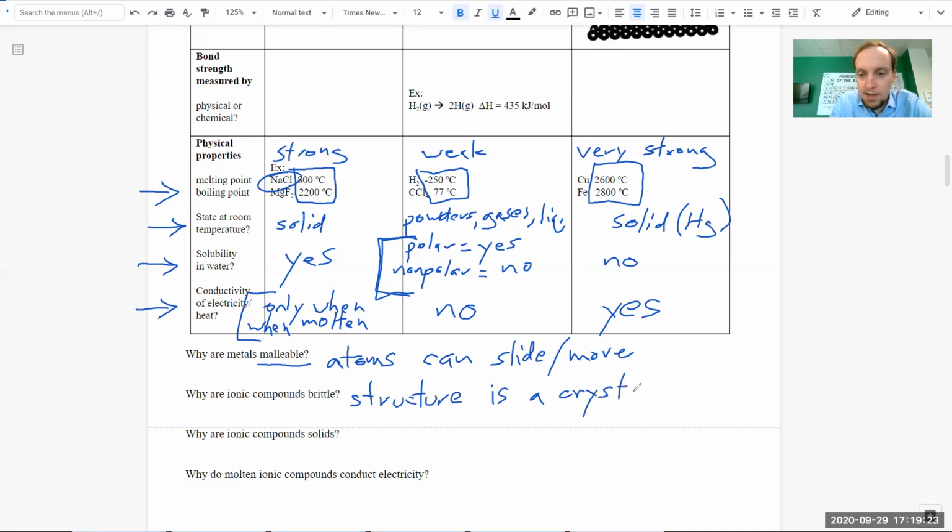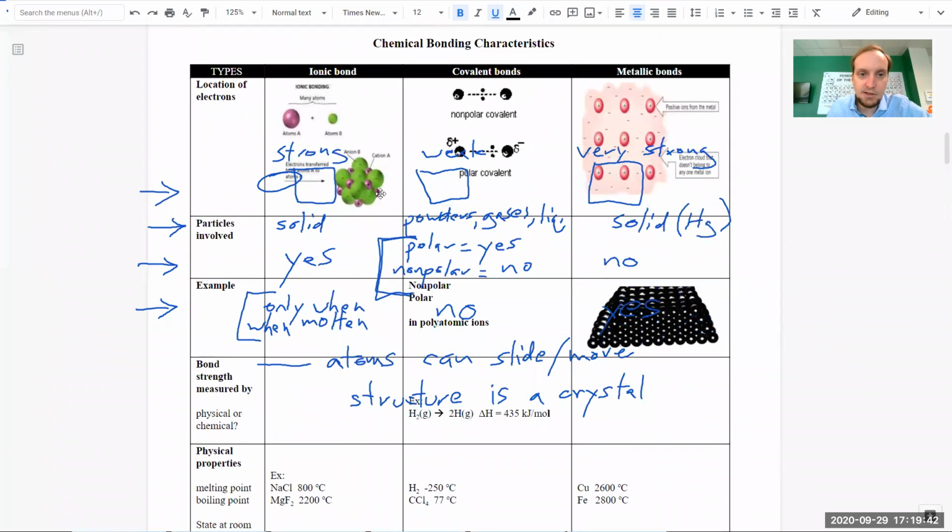So ionic compounds, if you were to shrink down small enough and you were to look at an ionic compound, it basically has a crystalline structure, a geometrical repeating pattern, which is what we call a crystal. You have the full positives, and then the full negatives. Just to show you guys an example, again, let me slide up here. So you notice this right here, that's a crystal structure.